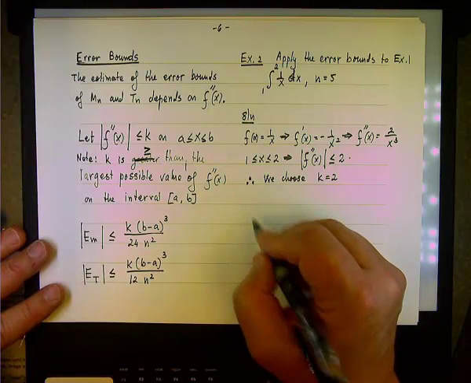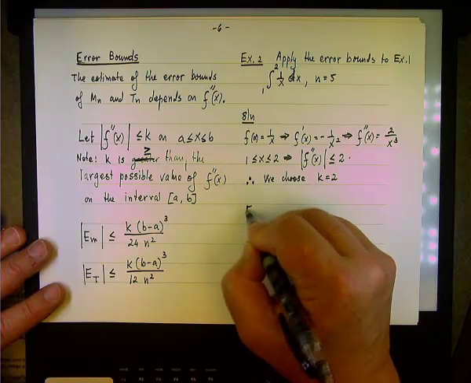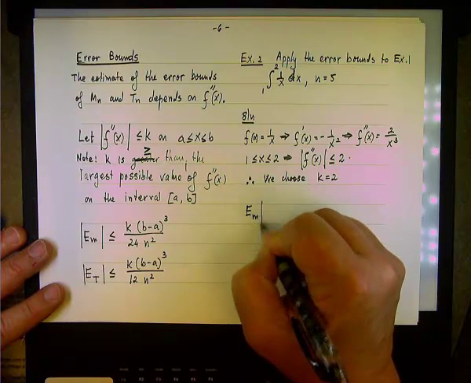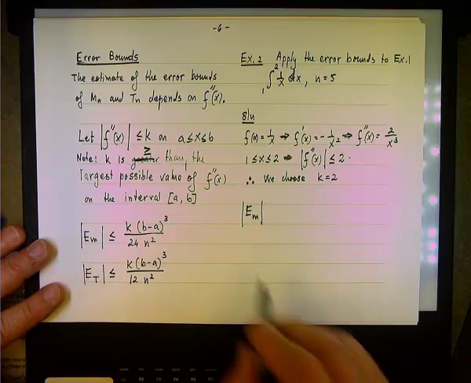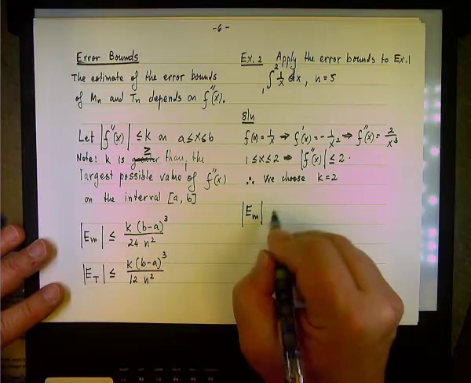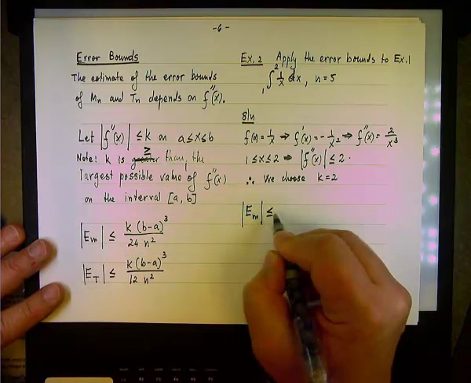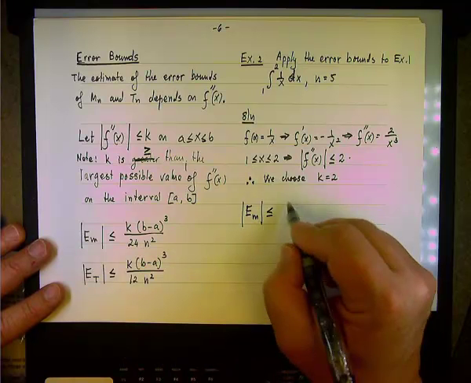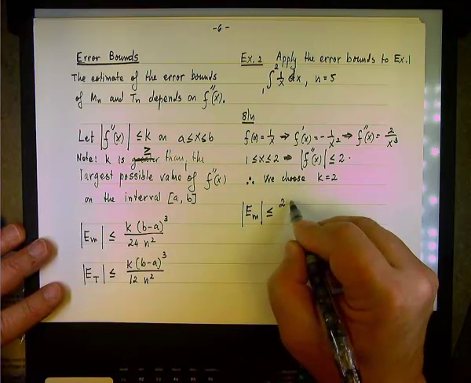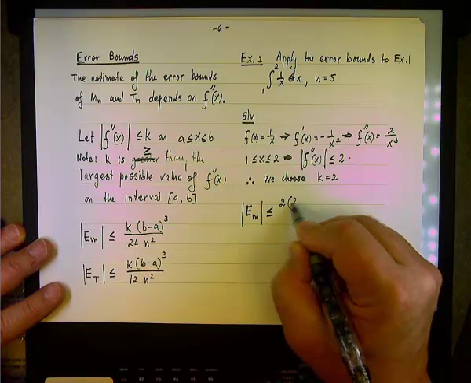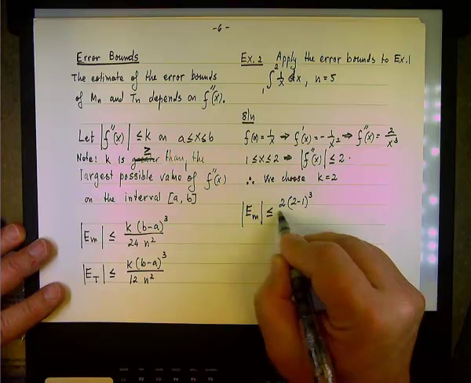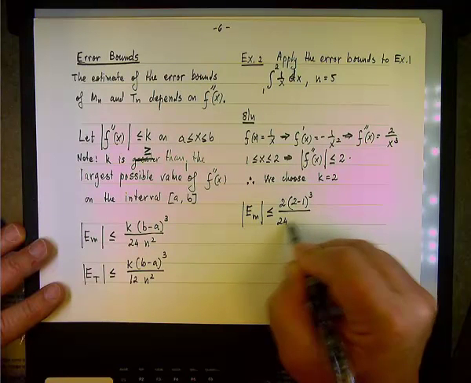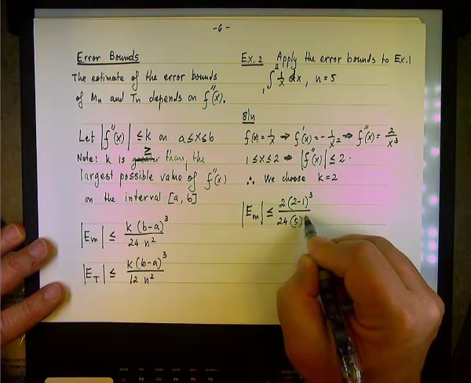What will be E sub m, the error as we evaluate the midpoint? The error should be less than or equal to k, which is 2, times (b minus a), which is (2 minus 1) cubed, divided by 24 times 5 squared.